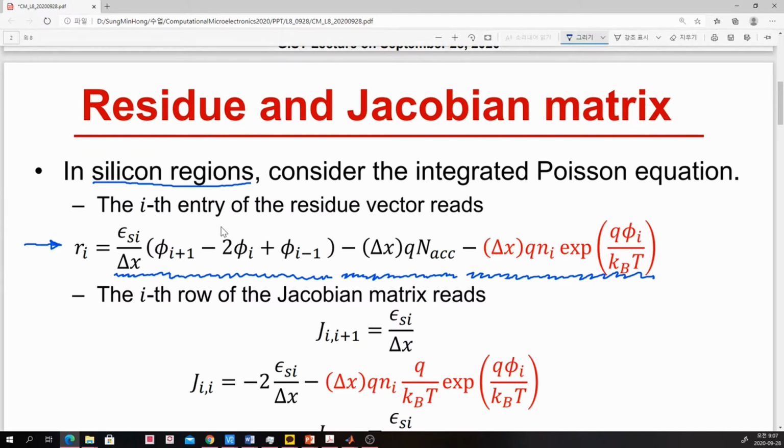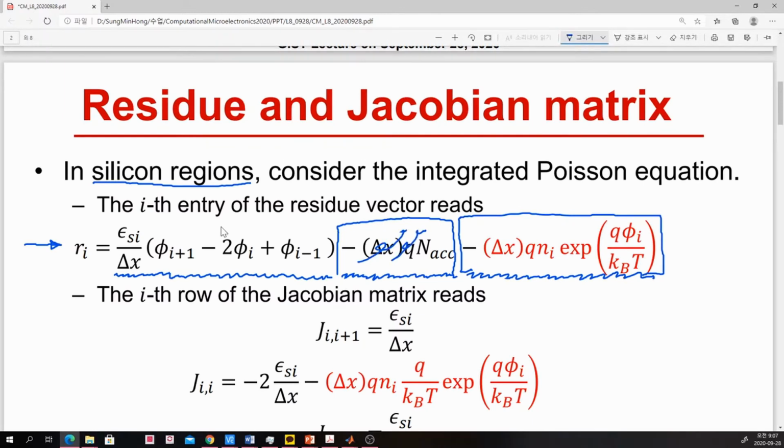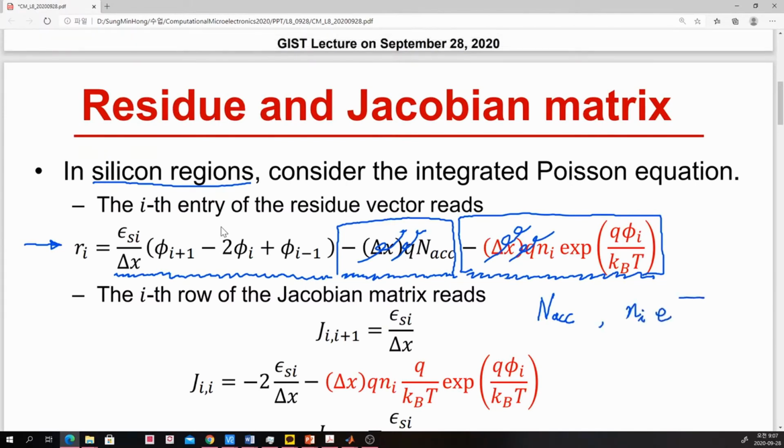Please make a comparison between this doping term and the electron term. Here we have the common factors delta x and q. So their magnitudes are simply the acceptor density and n_i exponential phi_i over V_T.